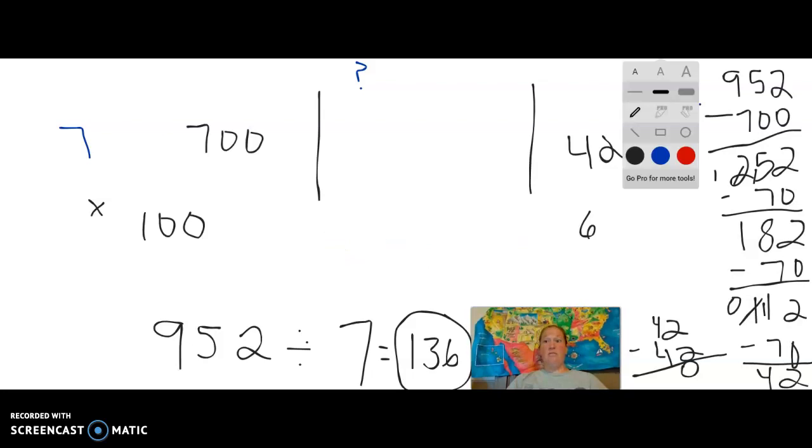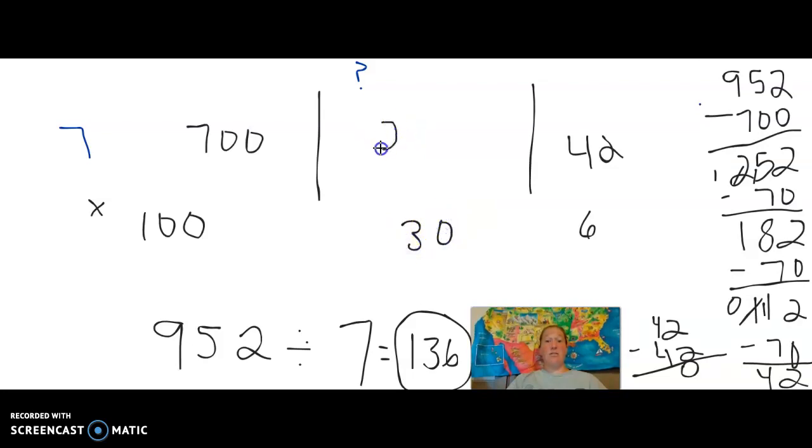So see how we could do it multiple different ways and still get the same answer. 7 times 30. I know 7 times 3 is 21, and add the 0. So 952 is what we would have got with that. So our answer still would be 136.